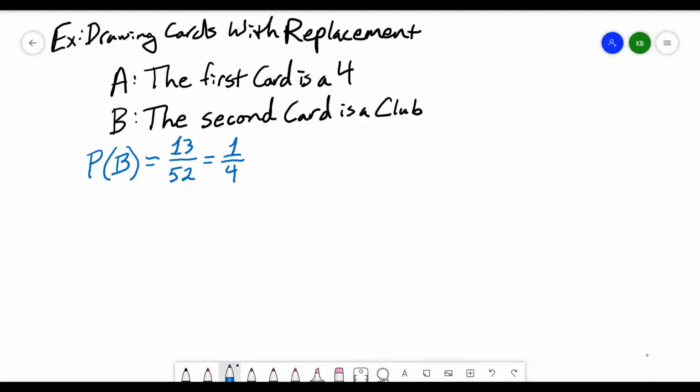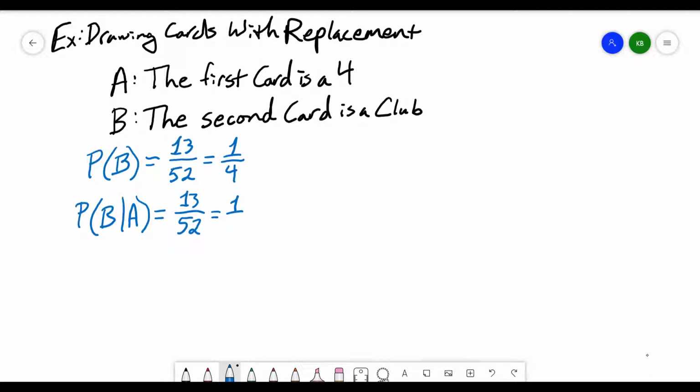Now, if I think about the probability of B given that A already happened, I drew a 4 as the first card. However, I put it back into the deck, so regardless of what that first card was, I still had 52 cards in the deck, regardless of what had happened with my first draw, and 13 of them were still clubs.